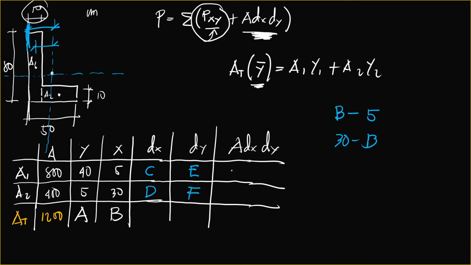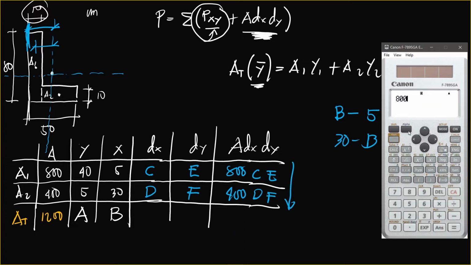Here, this is 800 times CE on your calculator, and this is 400 times DF. Then you add the results: 800 CE plus 400 DF.